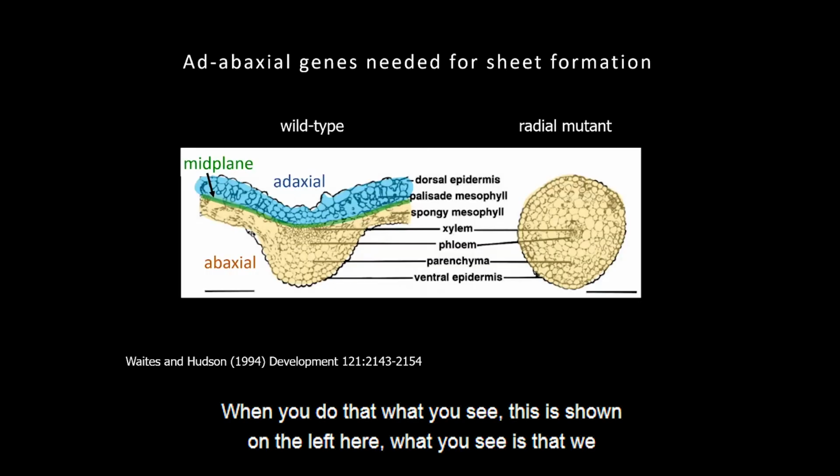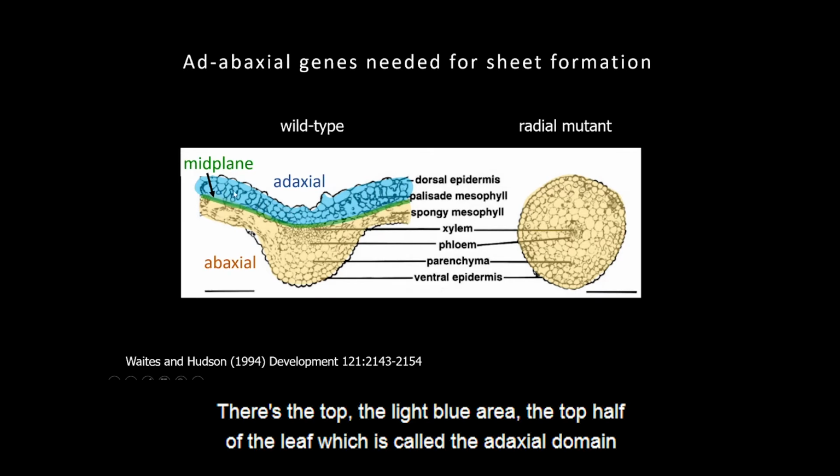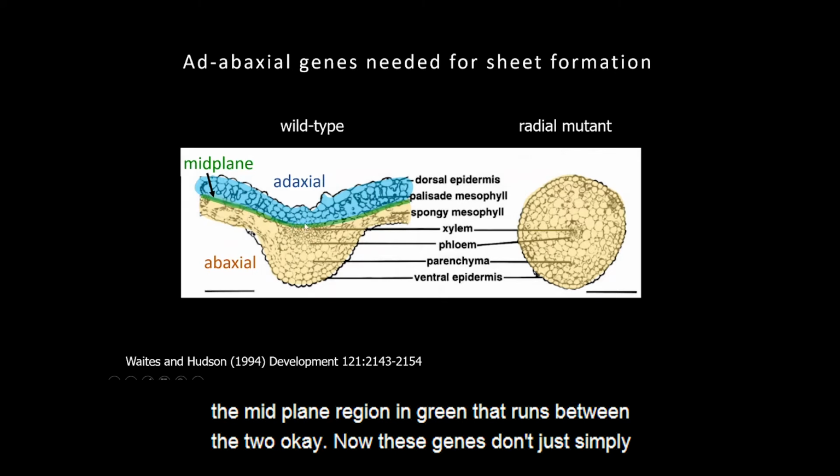And when you do that, what you see, shown on the left here, is that we essentially find three domains of gene activity, three regions that are distinct. There's the light blue area, the top half of the leaf, which is called the adaxial domain. Then there's a brownish coloured area, which is the abaxial domain. And then finally, I've colour-coded the midplane region in green that runs between the two.